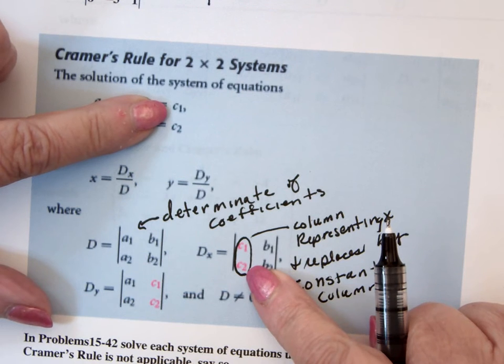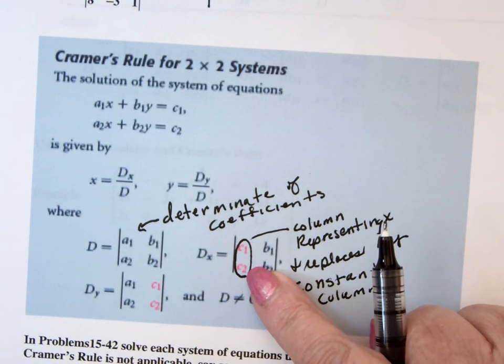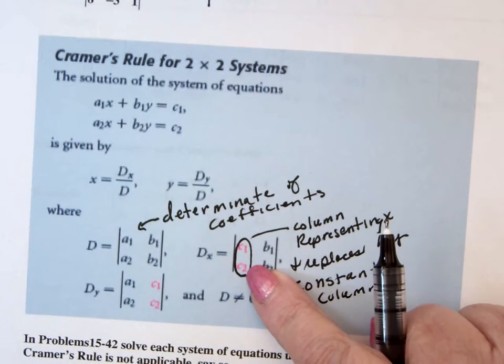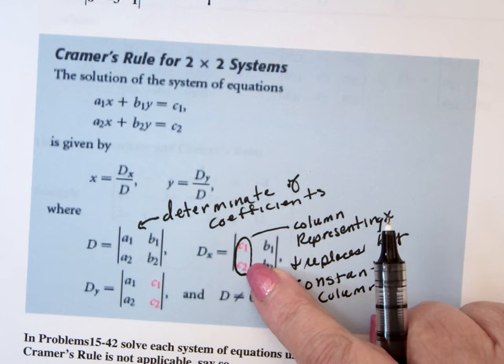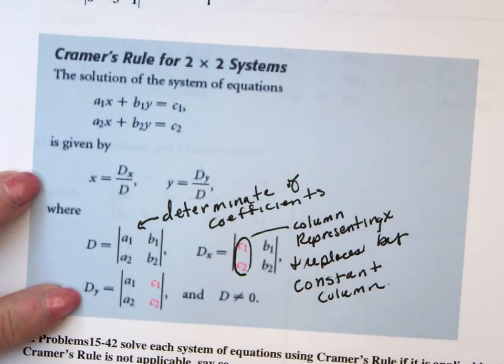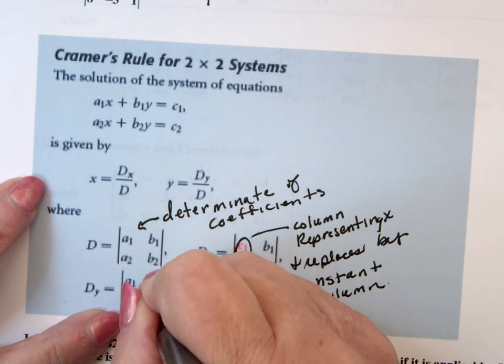which is the constants of the system. And by the way, this works for any size. We can go to 5 by 5s. The rule would still be the same. It's just you'd have more of them. D sub y, it's the same thing.